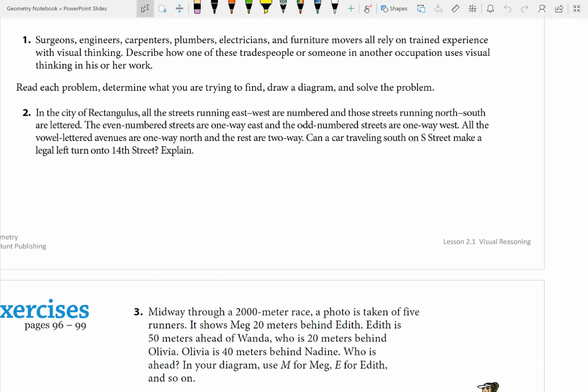Explain. Okay. So Rectangulus, all streets running east to west are numbered, like 1, 2, 3. And those running north to south are lettered, like A, B, and C. The even-numbered streets are one way east.